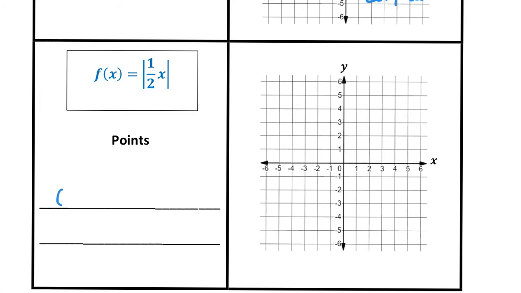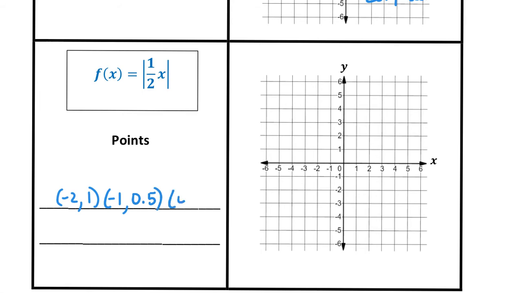So we're going to do negative 2. What's negative 2 times 1/2? It's negative 1. The absolute value of negative 1 is 1. Let's try negative 1 as our input. Negative 1 times 1/2 is negative 1/2. The absolute value of a negative 1/2 is positive, so I'm going to put positive 0.5.